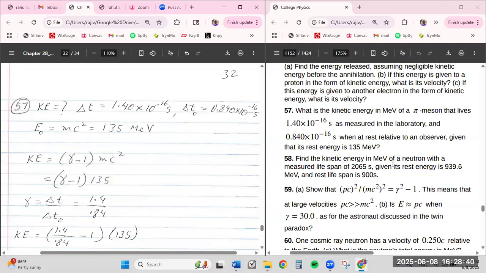So we're given times measured from two different frames of reference, so we'll have to use time dilation equations to figure out what gamma is.